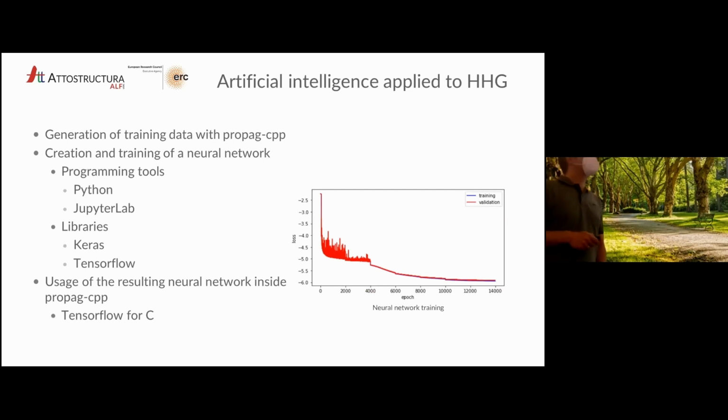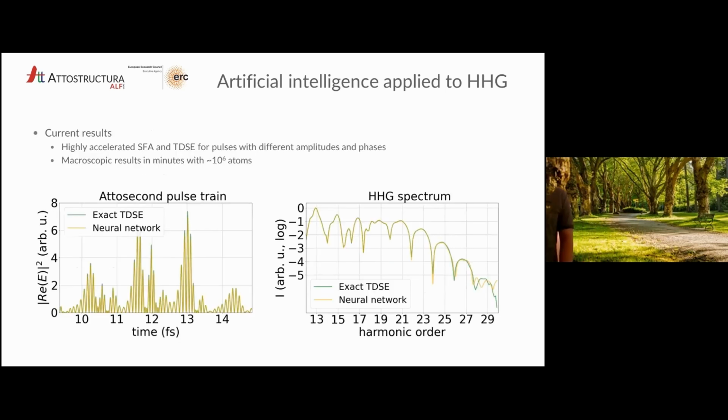Here you have a picture that shows the progress of the training of one of these neural networks, which shows that we reach a mean square error of 10 to the minus 6. That is quite good for our simulation. And the result is that we have achieved highly accelerated SFA and TDSE calculations for pulses with different amplitudes.